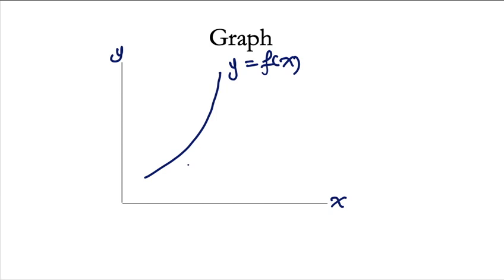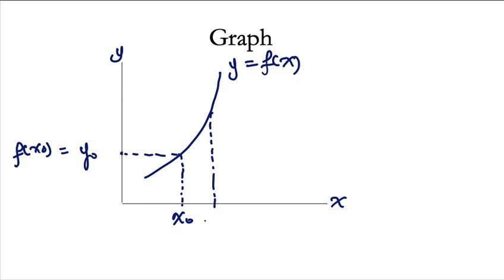Okay, so let's pick one point of x, the initial point, call it x naught. The corresponding y is actually here, y naught. And y naught here is actually f of x naught, isn't it? Okay, so let's pick another point, call it x1. So x1 here, the corresponding y is y1, which is f of x1.